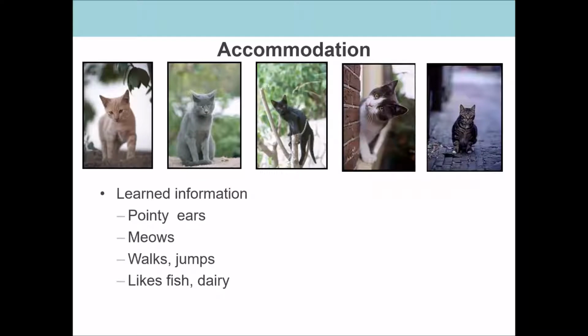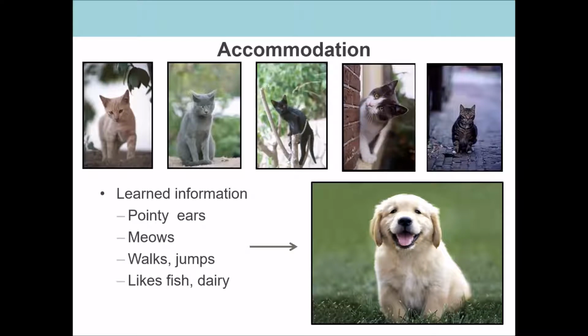All right, the other process here is accommodation. So we've got our known information about cats, we've got lots of cats in the family, and then we encounter this furry thing. Well, it doesn't have pointy ears, and it doesn't make that meowing sound. It walks and it jumps, but it's different.